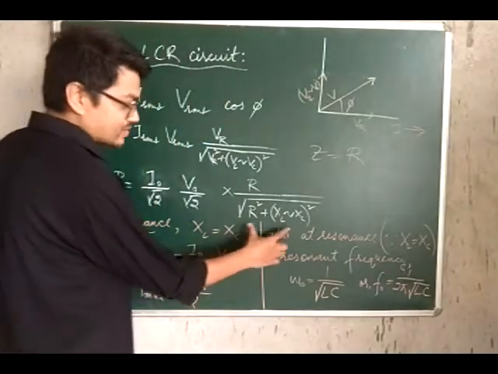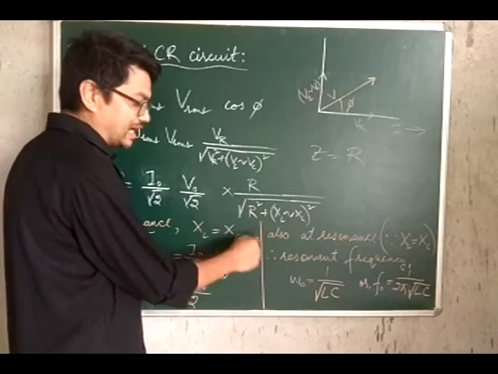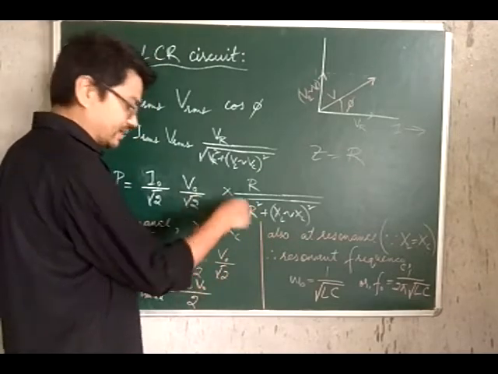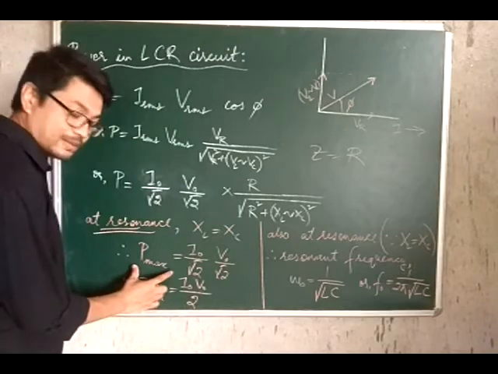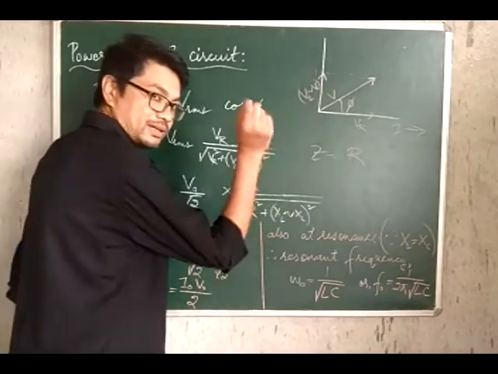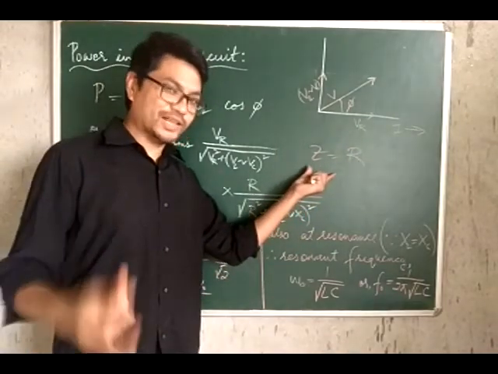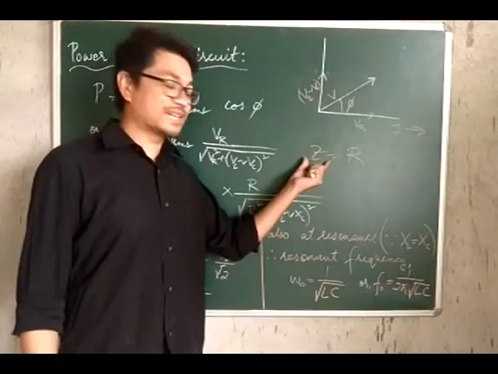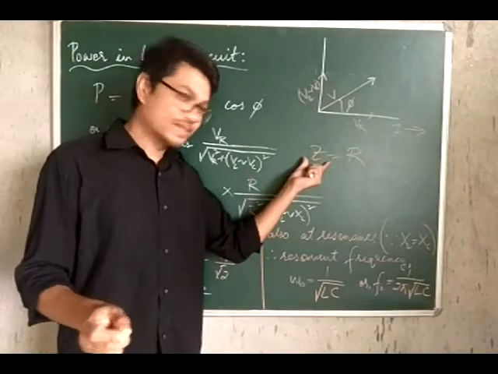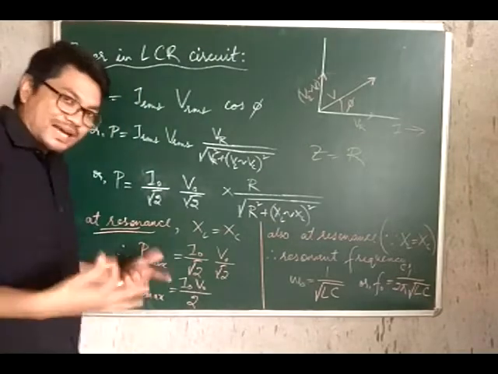So at resonance the denominator becomes simply R, this R and that R divide each other out, and therefore for the case of resonance, since the impedance is the least, which is equal to R simply, the power will be maximum.